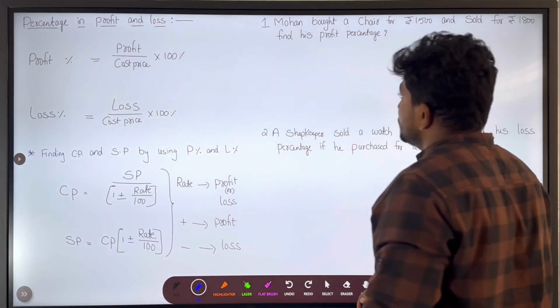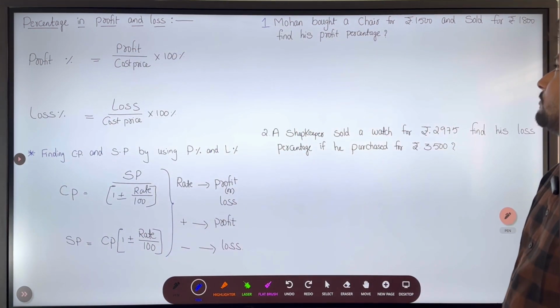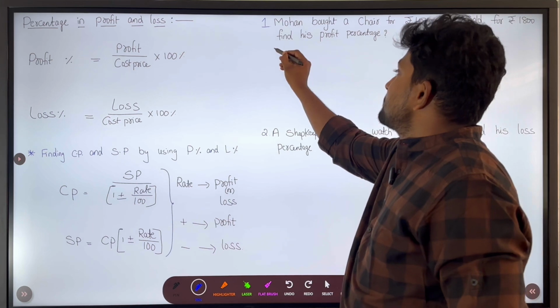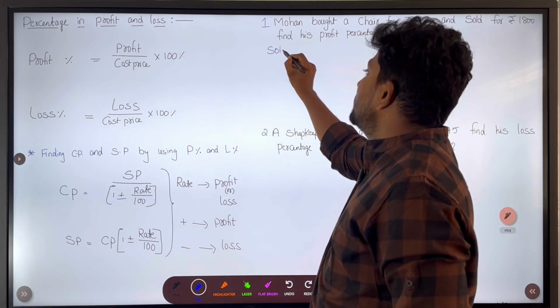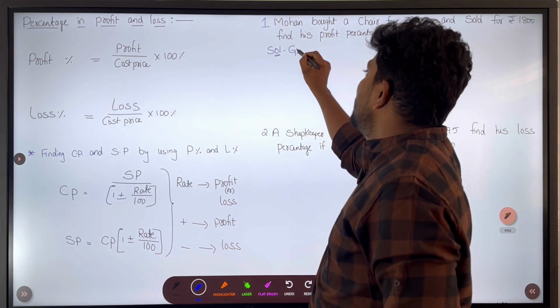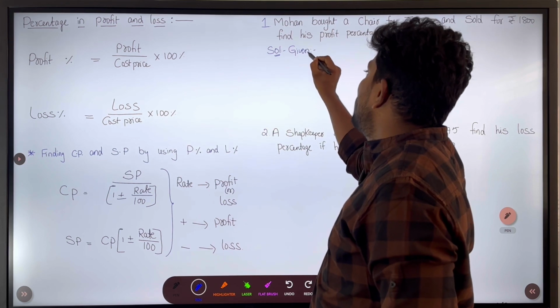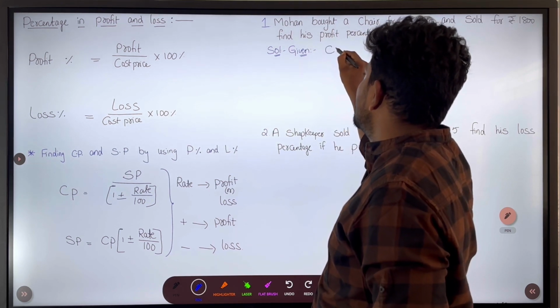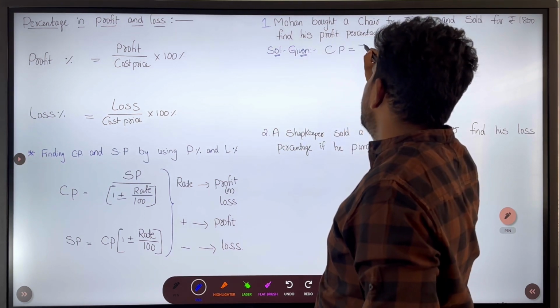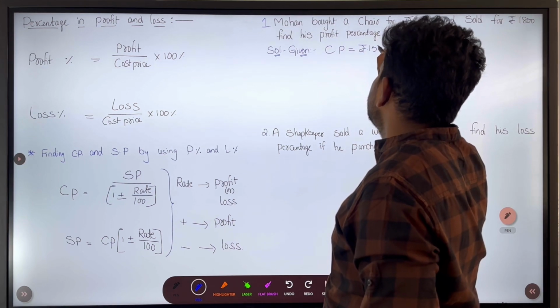So look at this first question. Mohan bought a chair for rupees 1500. You know that, right? Bought, purchased, taken, it will be cost price. So CP of the chair is rupees 1500.